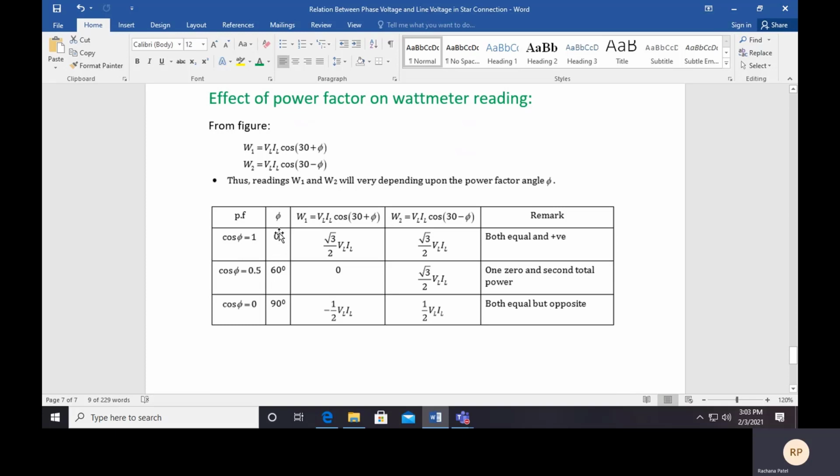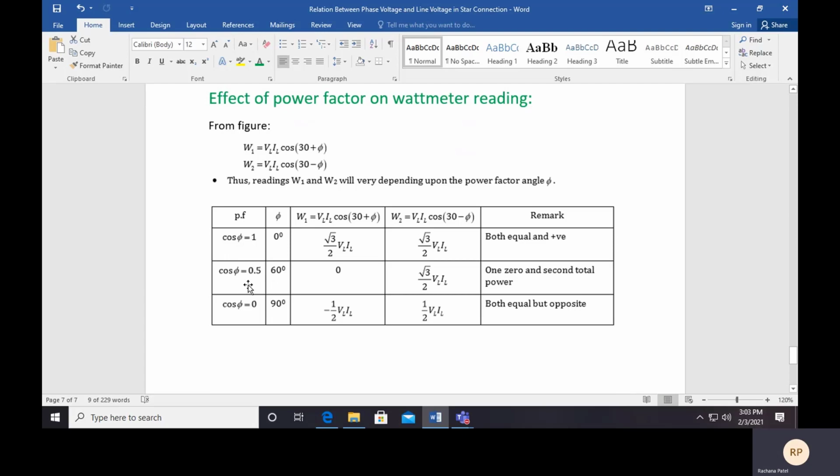If we place phi as 0, W1 will be root 3 by 2 VL IL from this equation. Same way, W2 also will be root 3 by 2 VL IL. So what is our remark from that? Both are equal and positive. It means during the performance, if we find equal and positive values, we can easily say that the power factor offered by the circuit combination is unity.